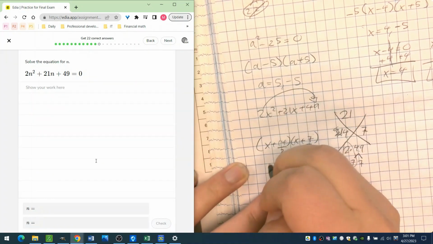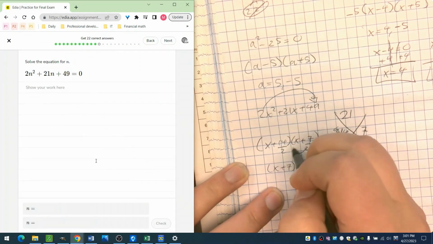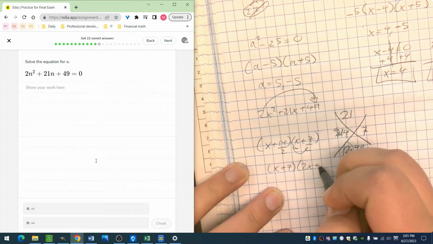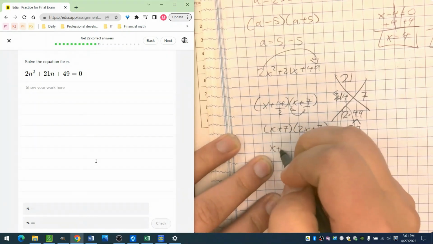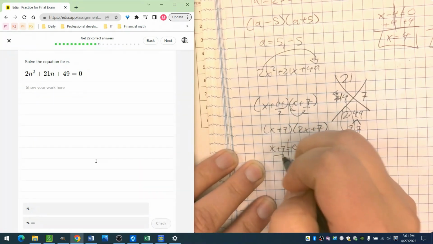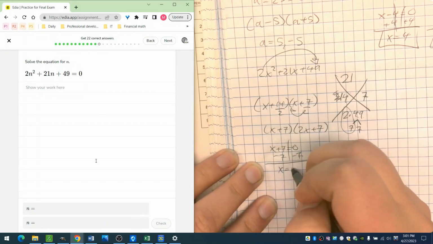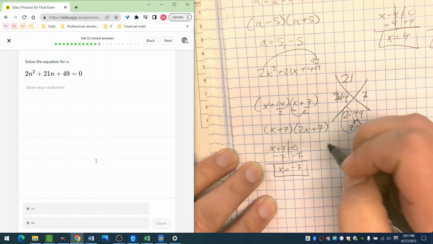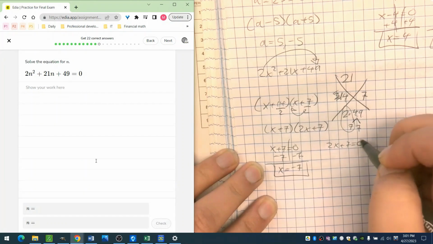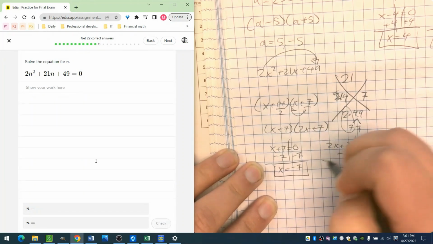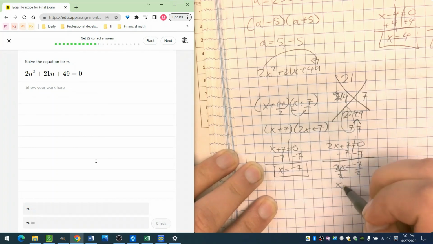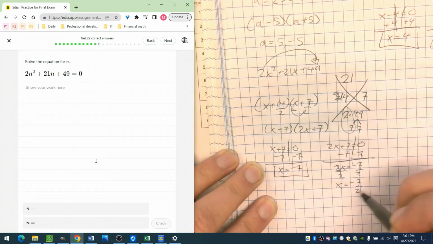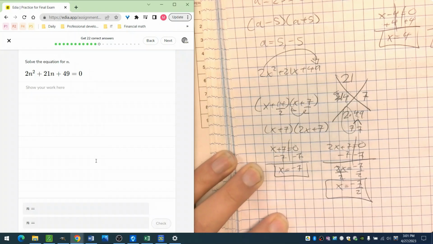If it reduces nicely, reduce it. If it doesn't, it goes in front. Set each part equal to 0. Solve. Set each part equal to 0. Solve. Those are my answers.